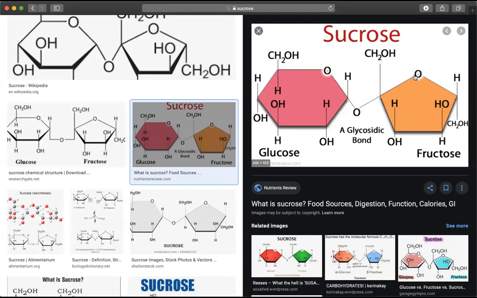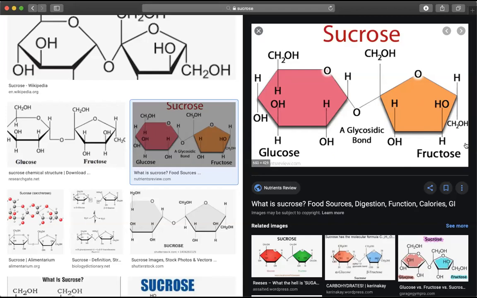Fructose also forms a ring with carbon number 1 and carbon number 4. Fructose is a ketone, under the ketose function of glucides, and forms a ring called a furan.